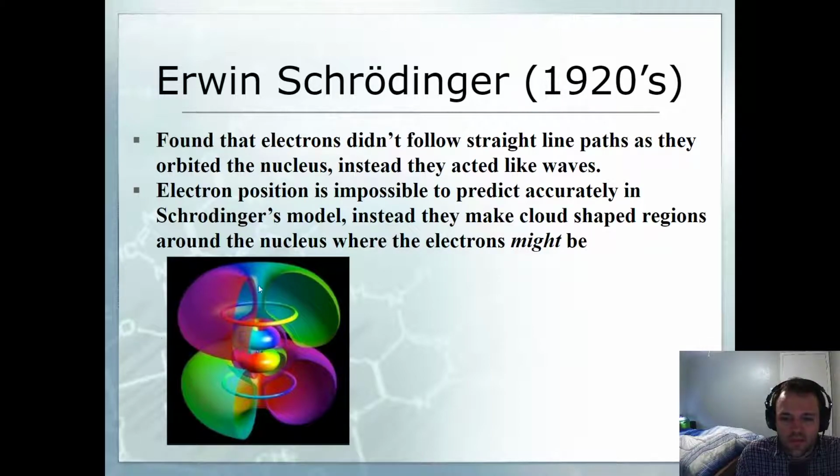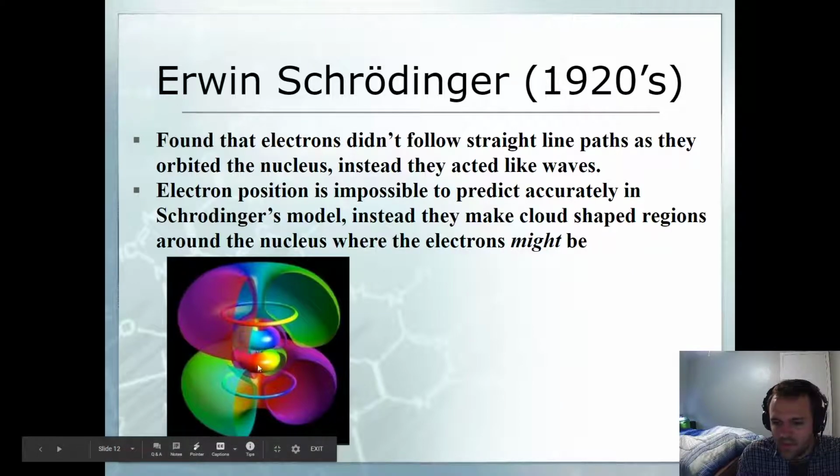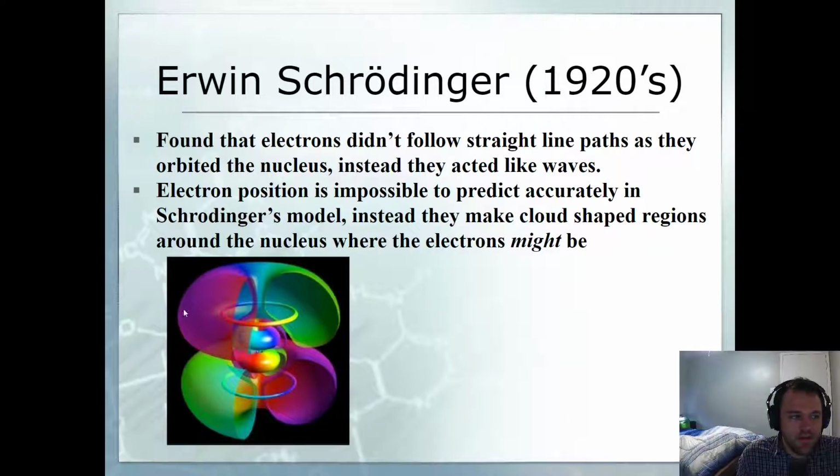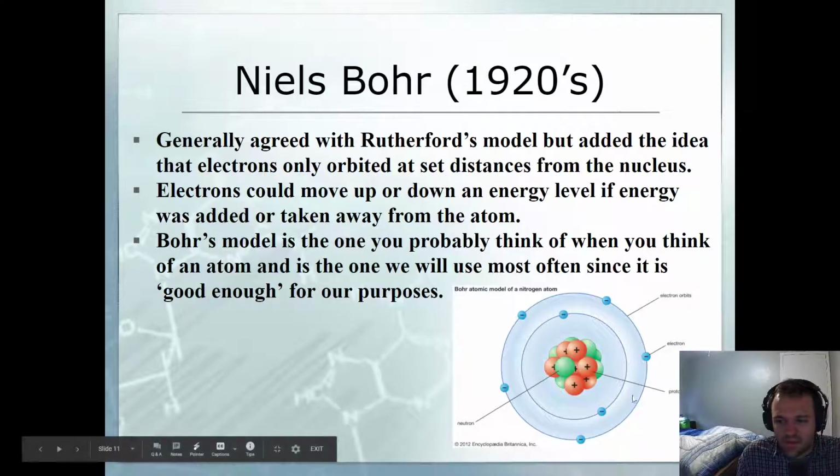So that's what you're seeing here, is that all of these colorful shapes are regions where the electrons could be somewhere within there at any given time, rather than these very distinct orbitals that Niels Bohr proposed.